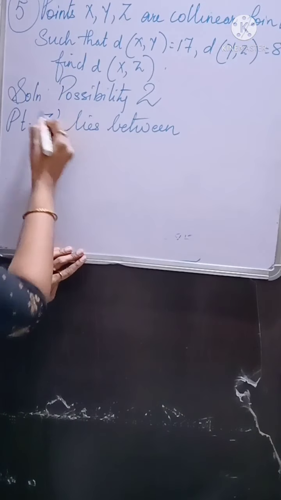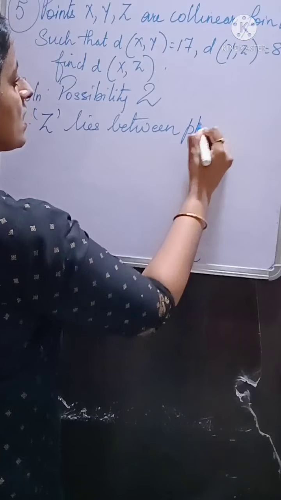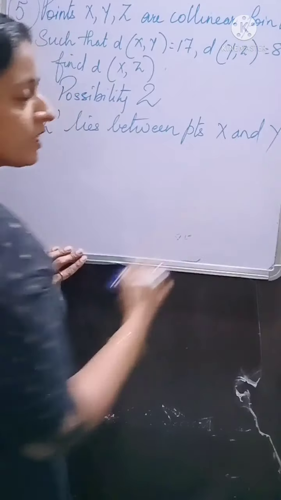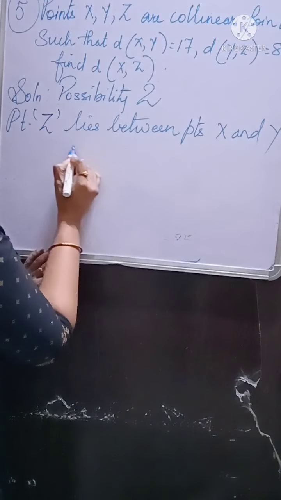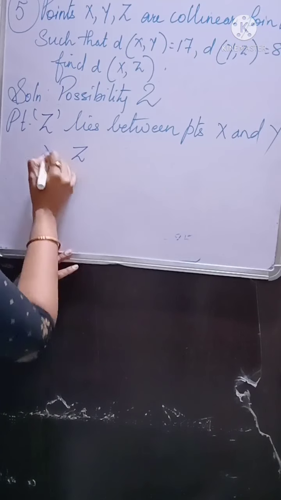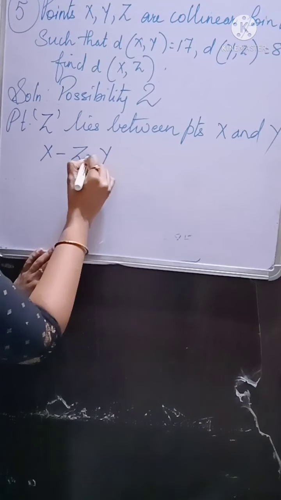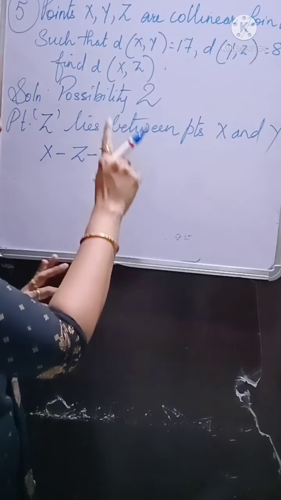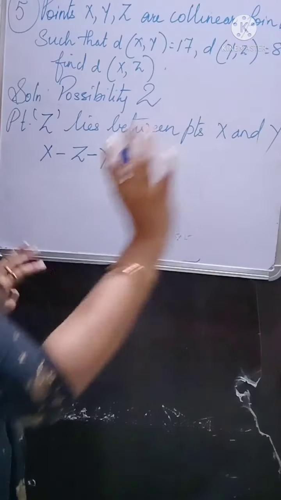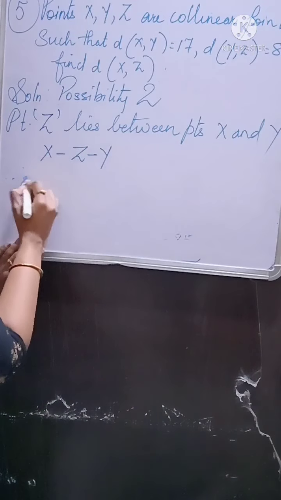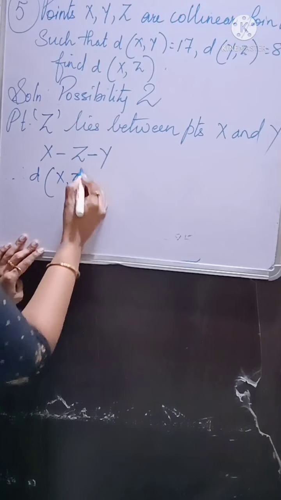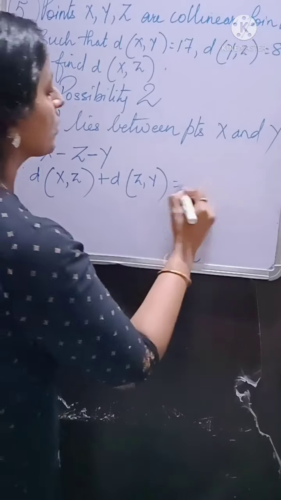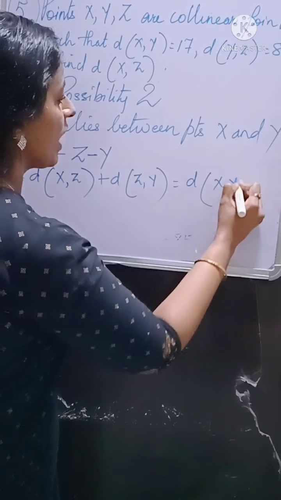Z. Point Z lies between points X and Y. Now Z is in between, so put Z in between, here X and that side Y. You will read it as X-Z-Y. Now how will you write that property? Write it before me. Therefore, distance between X comma Z plus distance between Z comma Y is equal to distance between X comma Y.